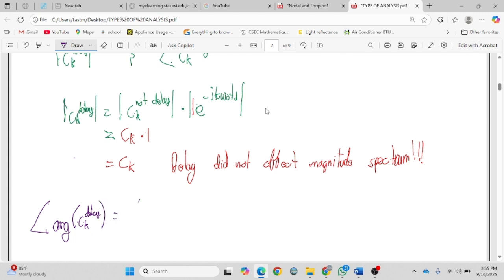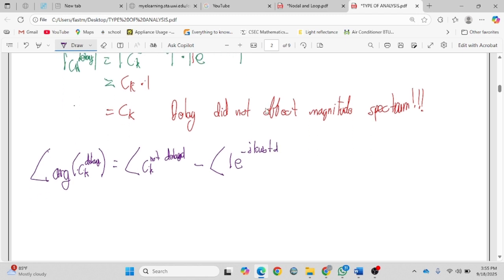So that will basically be the arguments of ck not delayed, subtract the arguments of 1 times e to the minus j k omega naught td. Well, we know the phase for this here is phi, right?